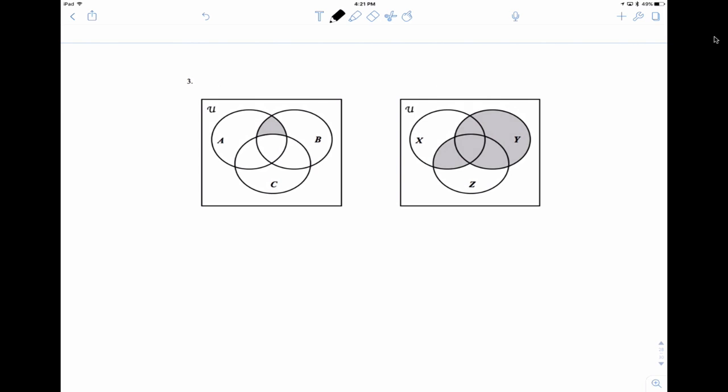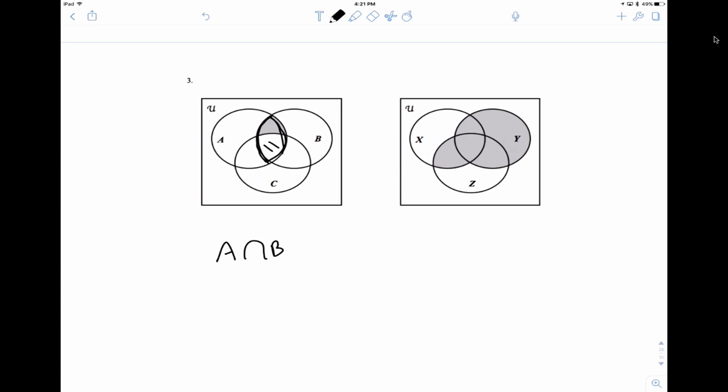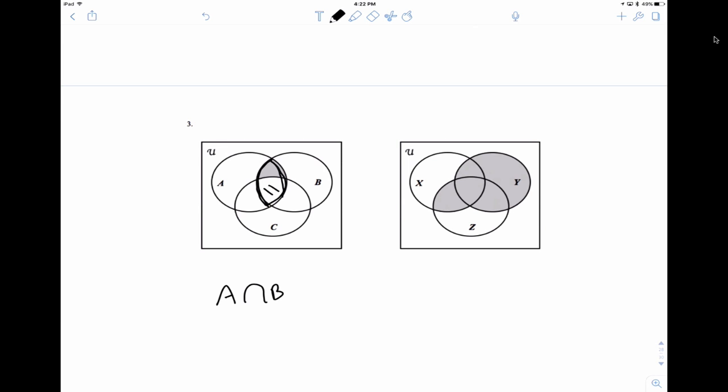Well, it's what it is: it's A intersect B, but not C. So A intersect B intersect not C. Let's see if that makes sense.